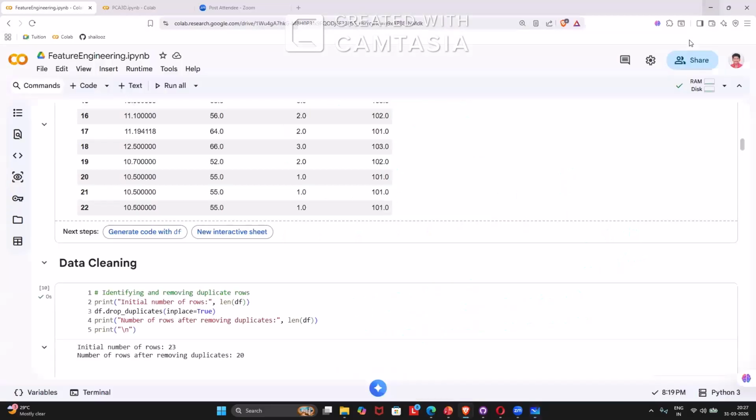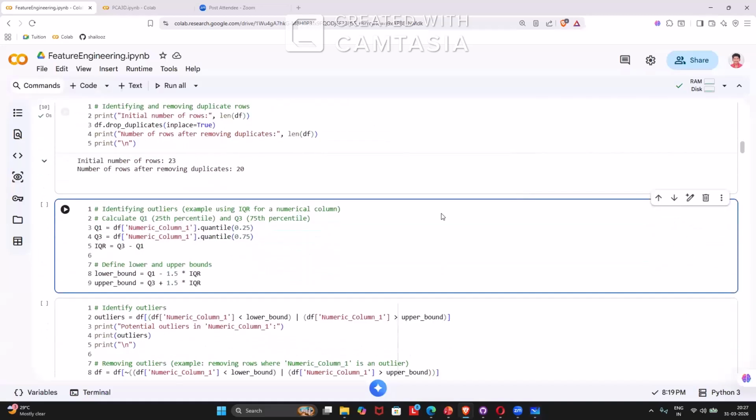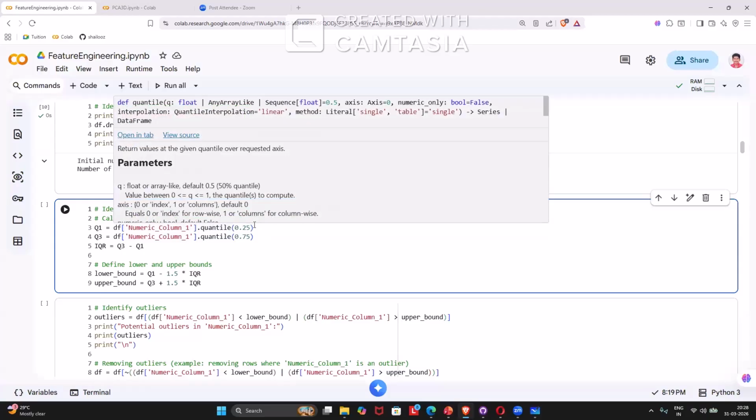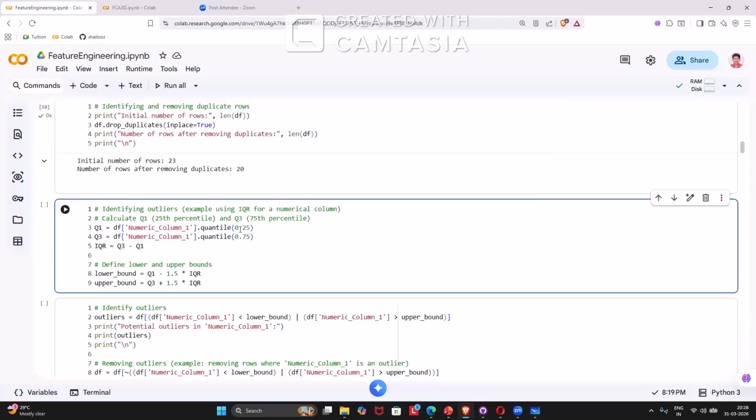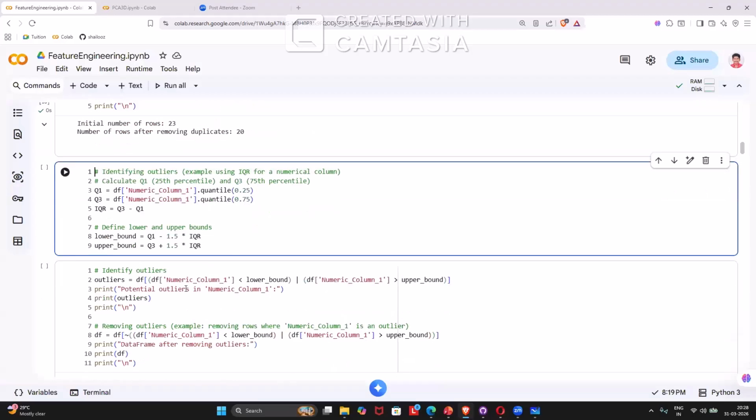So this is implemented here in the next block. See, here we have found Q1 and Q3 by taking the quantile function, 0.25 quantile and 0.75 quantile. We are finding the IQR, Q3 minus Q1. Lower bound is equal to Q1 minus 1.5 IQR and upper bound is equal to Q3 plus 1.5 IQR.